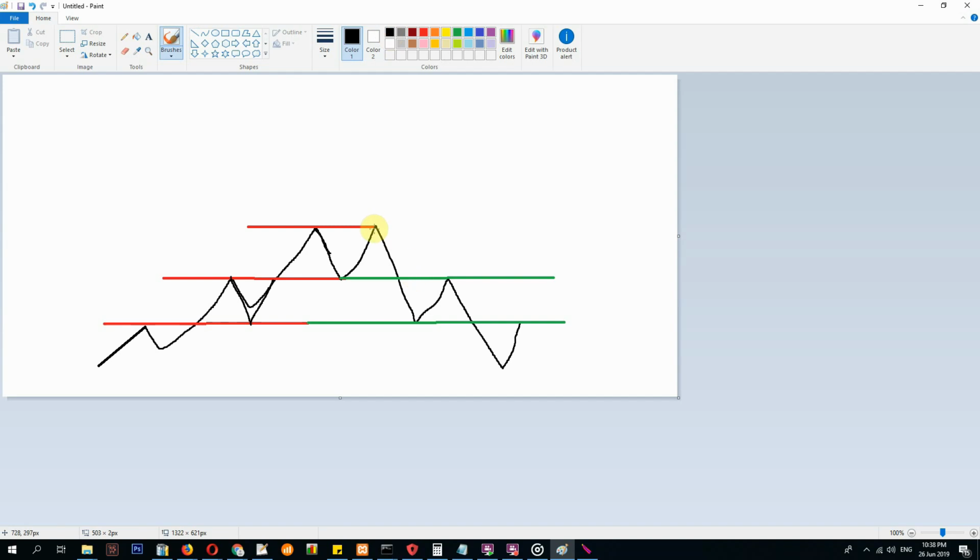Pag impulse na broken ang support, past support, chances are mahimong future resistance. So inig-break aning support, mo find siya another new support, pero inig retrace niya or inig pullback niya katong past support nga na broken, mahimong future resistance.